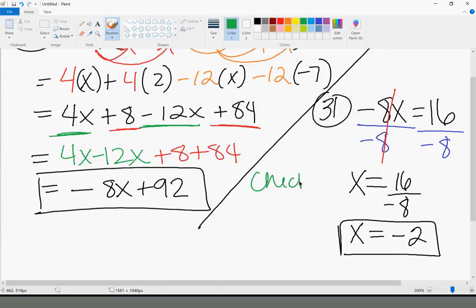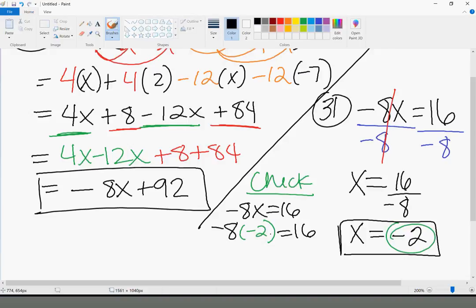And you can always check your answers in an equation by plugging it back in. So the equation was negative 8x equals 16. To check yourself, plug in your solution and see if you get a true statement. So negative 8 times negative 2 is positive 16. So I have 16 equals 16. That is true, so I know that I have the correct answer.